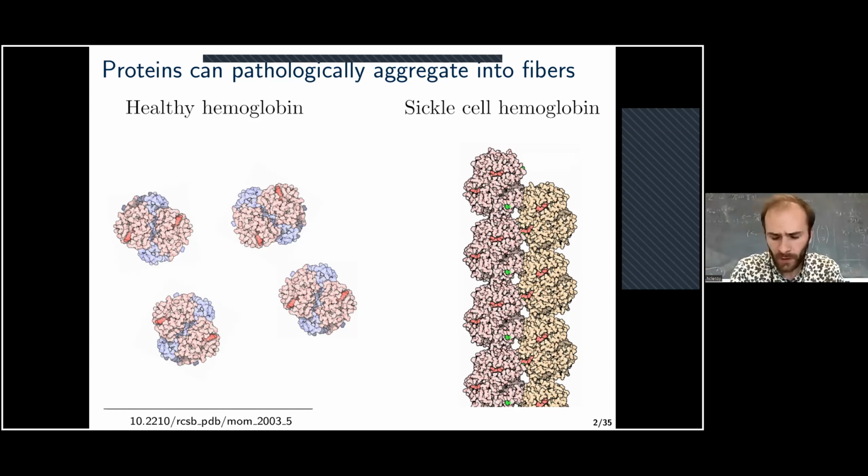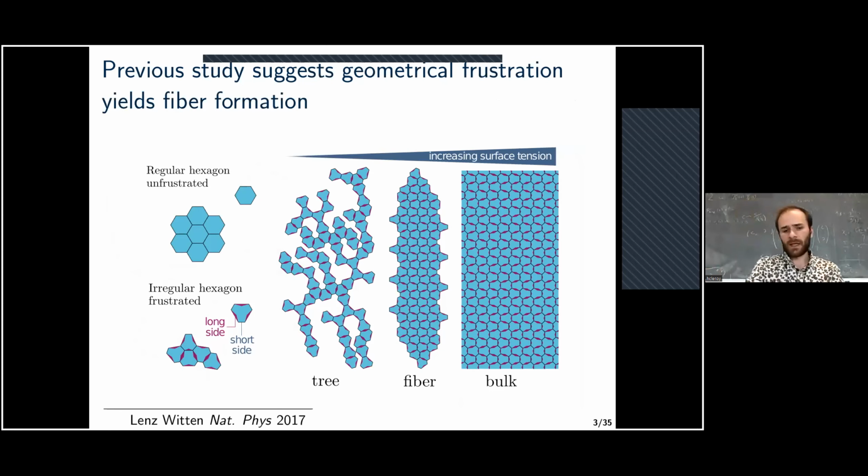This type of mechanism of stress that accumulates upon assembly has already been studied before by Martin, my supervisor, and the idea they developed is to model proteins using simple geometrical shapes.